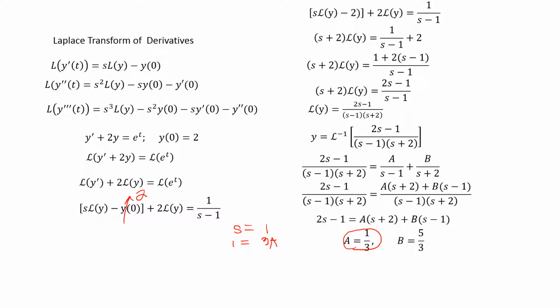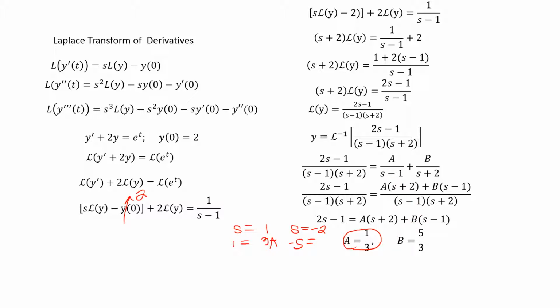And to get the value of B, substitute s is -2. So this will be eliminated there, and 2 times -2 minus 1, that is -5. -5 is equal to, you are supposed to substitute s is -2, so -2 minus 1 is -3.